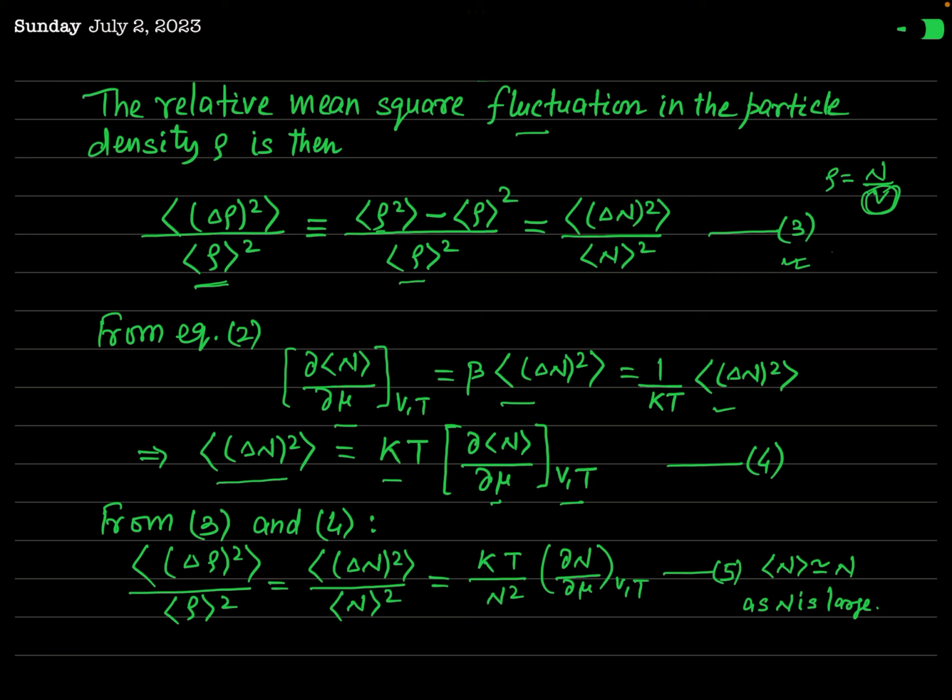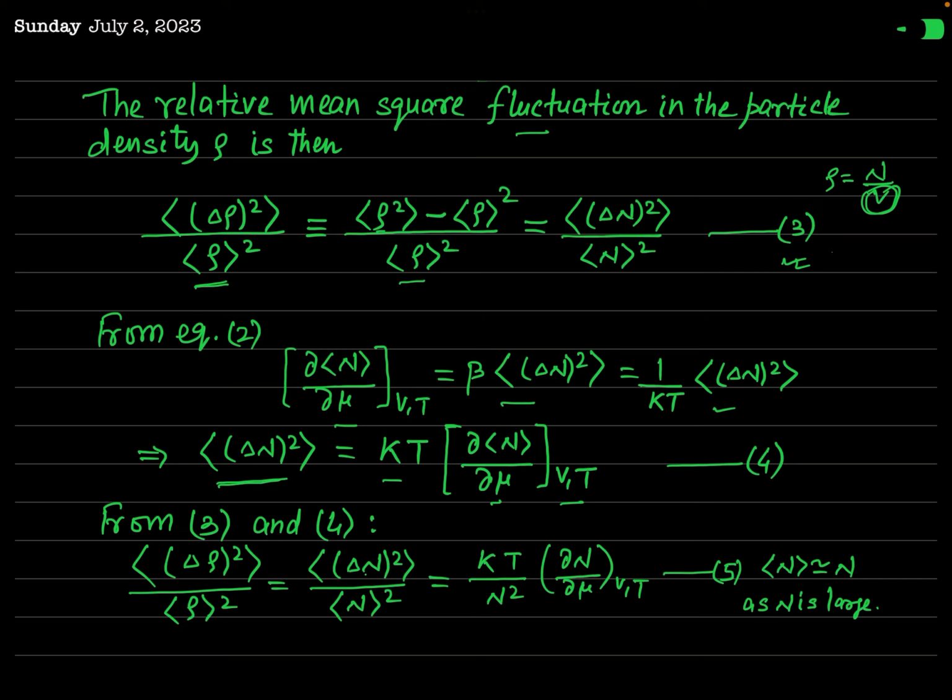Now in this equation 3, we will use this value of average value of delta n square. In place of this delta n square, we will substitute it. So you can write that this mean value of delta rho square over mean value of rho whole square is equal to mean value of delta n square over square of mean value of n.